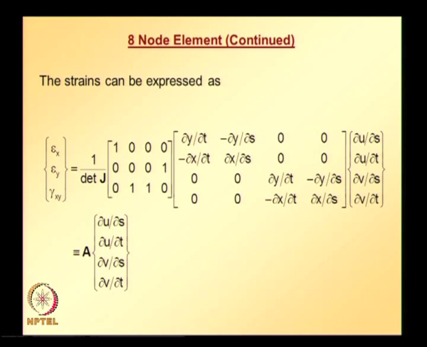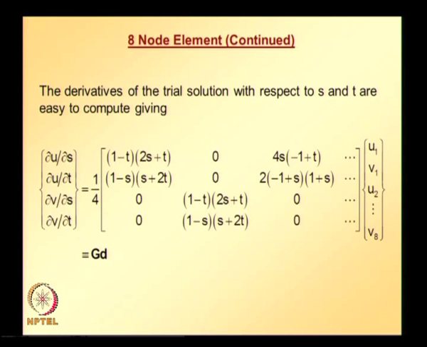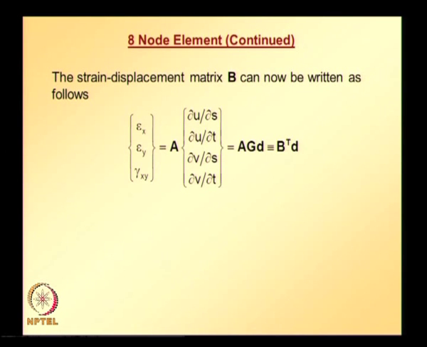So, we have more degrees of freedom, and derivatives of the trial solution with respect to S and T, again the dimension of the G matrix increases because there are 8 nodes.